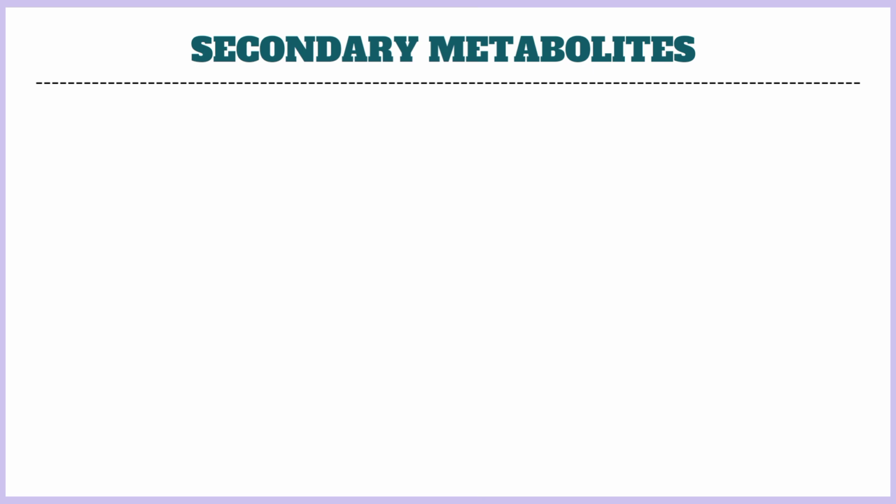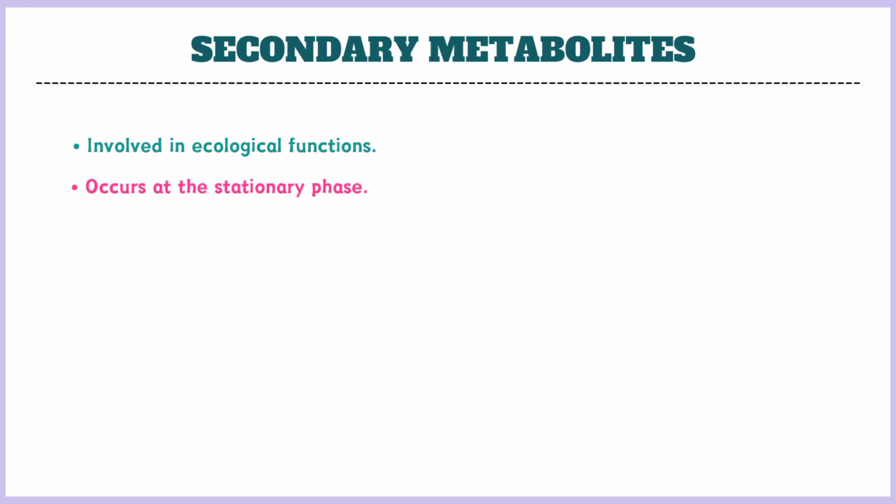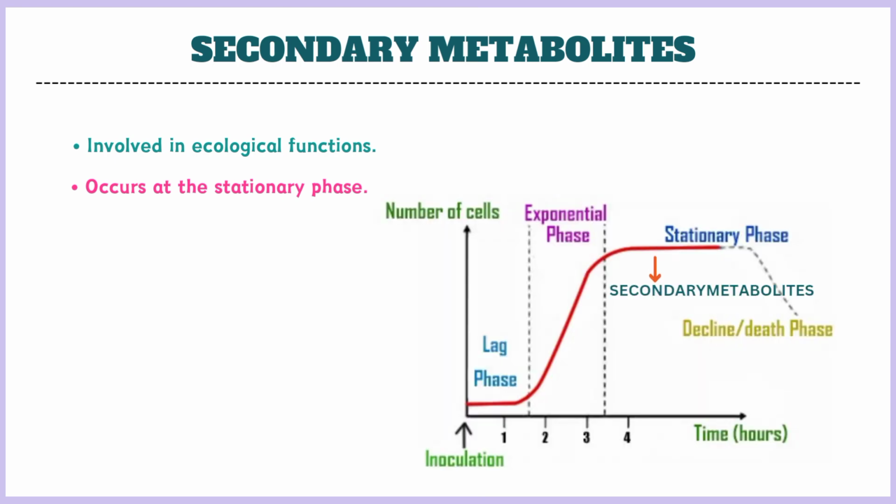They are organic compounds that are basically involved in ecological functions. If we talk about the growth phase in which they are produced, they are produced in the stationary phase. If we look at the growth curve of an organism, at the stationary phase the secondary metabolites are produced.